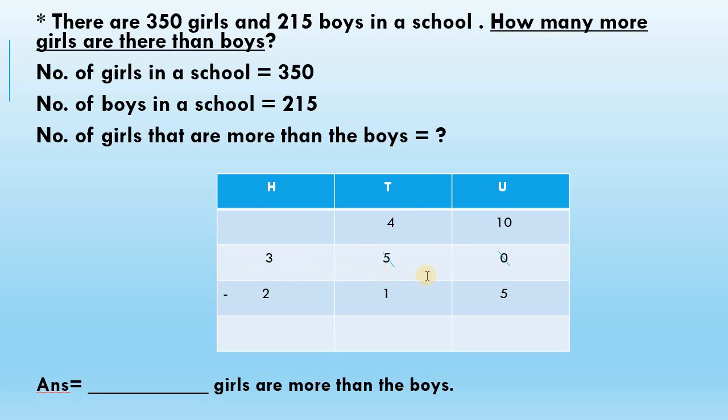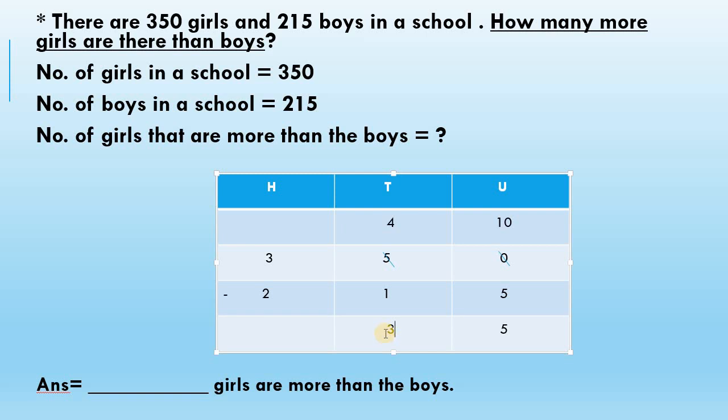Now 350 minus 215. You convert the 0 into 10, convert the 5 into 4 and now you subtract. 10 minus 5 is 5 and 4 minus 1 is 3.